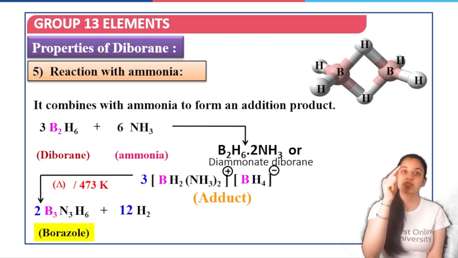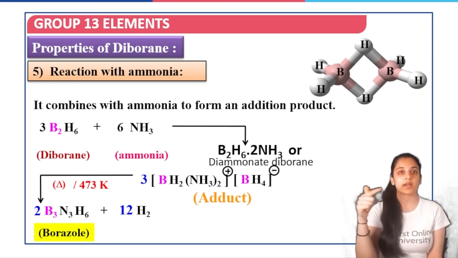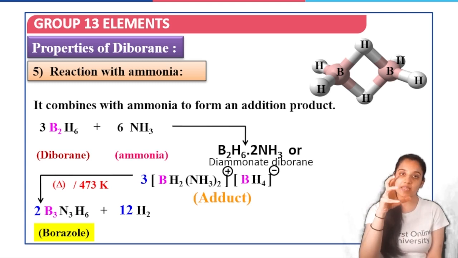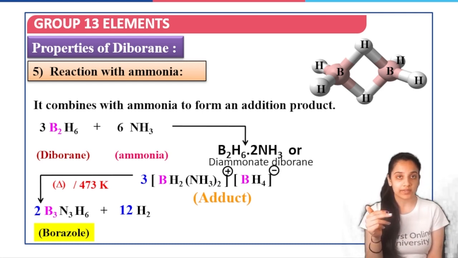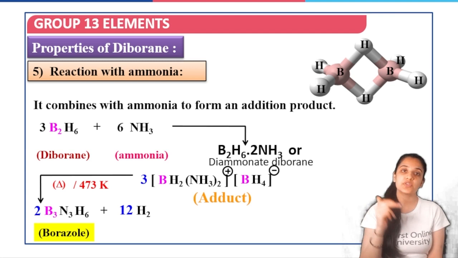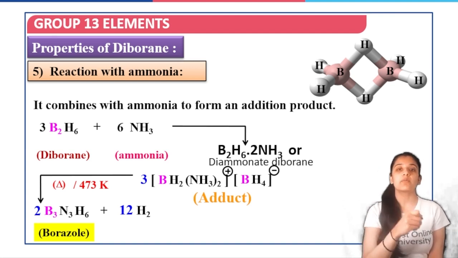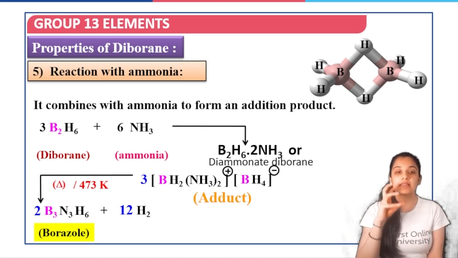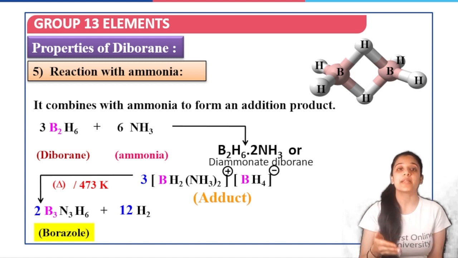So we have 6 carbon atoms, and each carbon atom has one hydrogen atom. Now you replace 3 carbons, alternate ones, with boron, and the rest of the 3 carbons with nitrogen. And now you put one hydrogen each on boron and nitrogen. This is nothing but borazole, which is known as inorganic benzene.